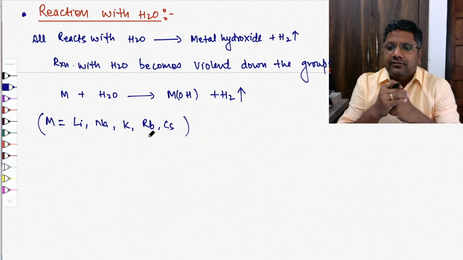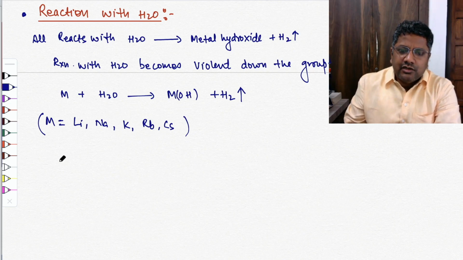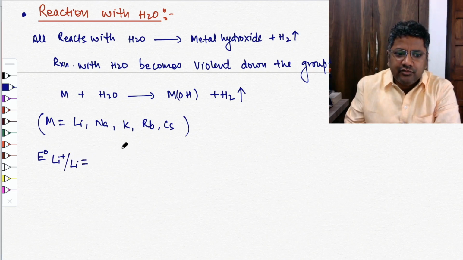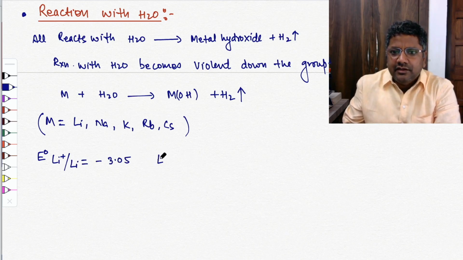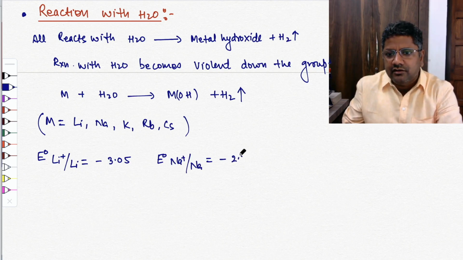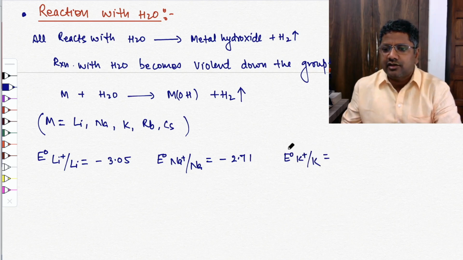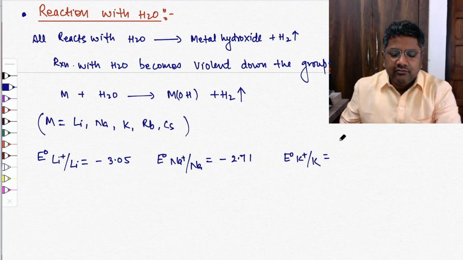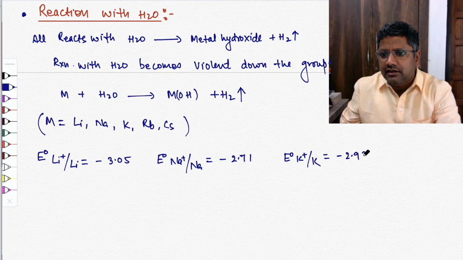So if you can see, E naught for Li plus/Li is minus 3.05. E naught of Na plus/Na is minus 2.71. E naught of K plus/K, all these are the standard reduction potentials, is minus 2.93.